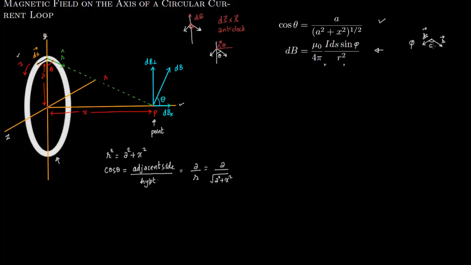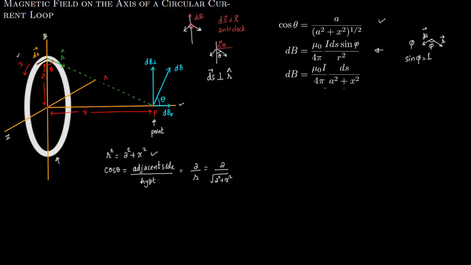So this is the angle phi, and we have just taken phi as 90 degrees here. As we said, we are always taking ds vector perpendicular to r hat. So this phi is 90, so sine phi is just 1. So now you plug this in, you get dB equals mu naught I by 4 pi, and instead of r squared you write a squared plus x squared.